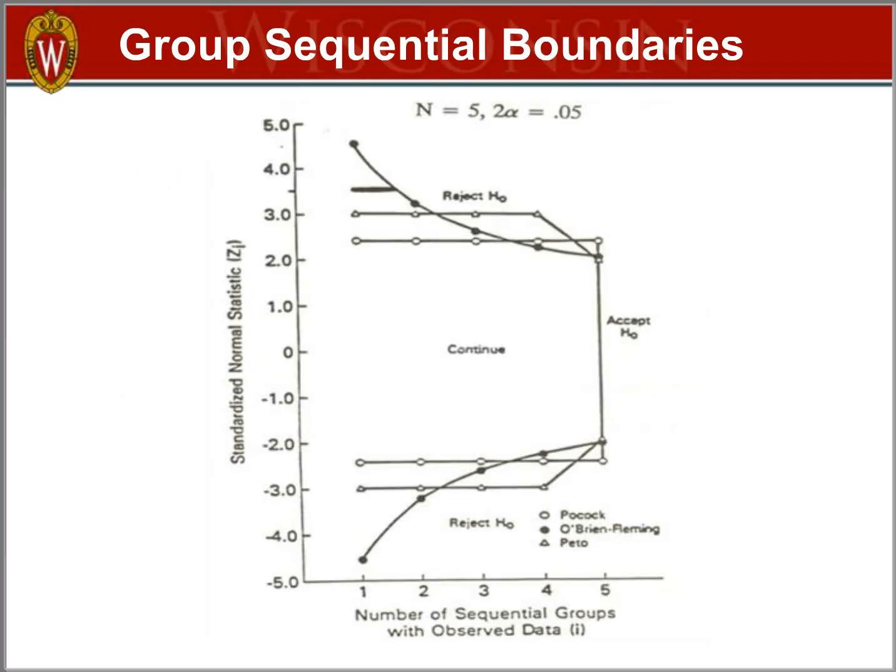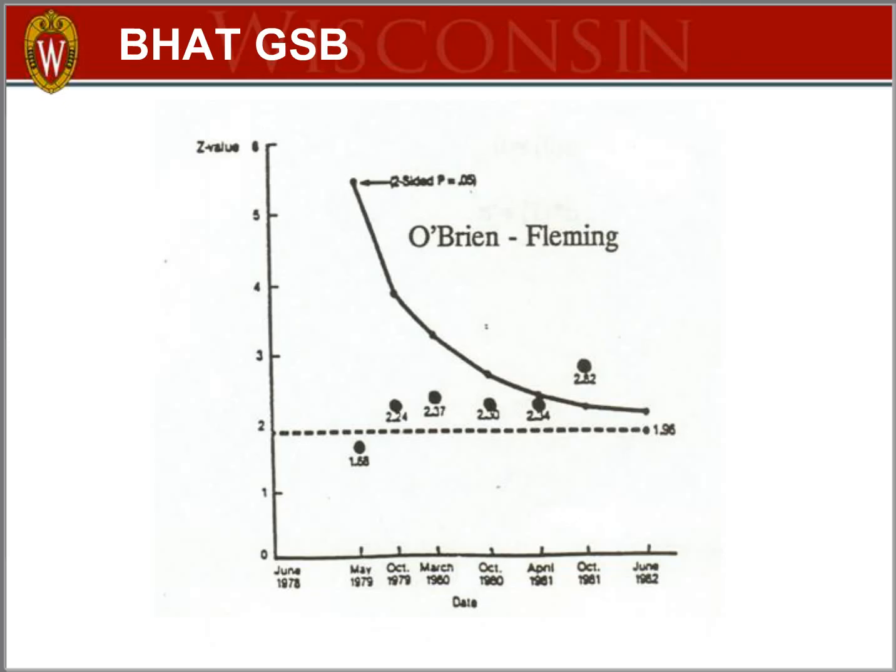Again, I've plotted these graphs now that we've talked about how they arise. So you can see that the O'Brien-Fleming boundary, as I said, starts out the most conservative and winds up almost in the same place as if you did not monitor the trial at all, or consistent with the Peto boundary. Going back to the beta blocker heart attack trial, what I plotted here is that data that I showed you earlier on the O'Brien-Fleming boundary.